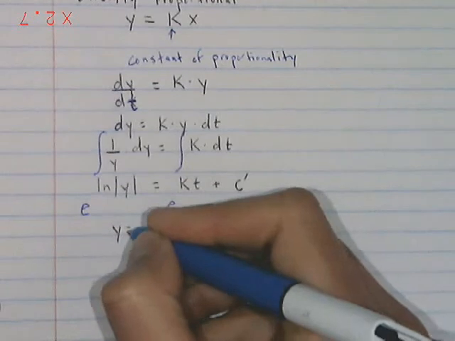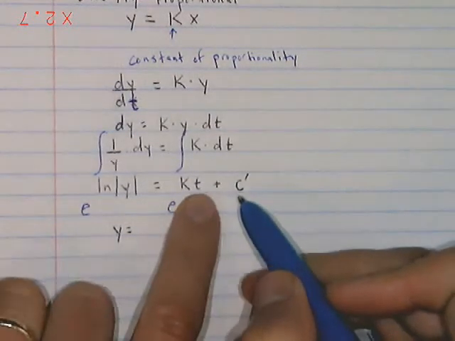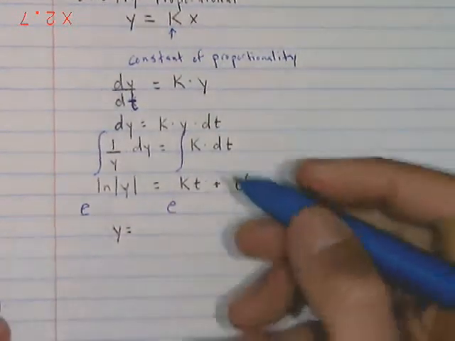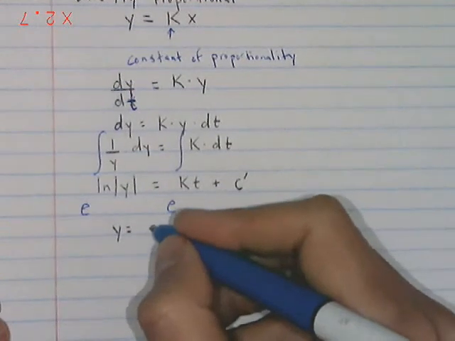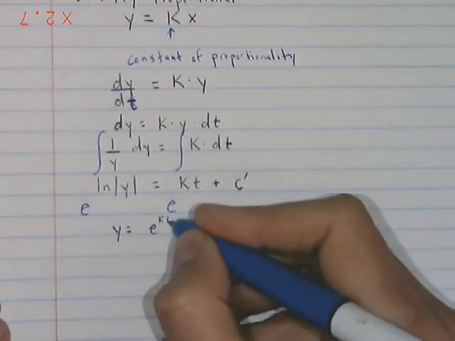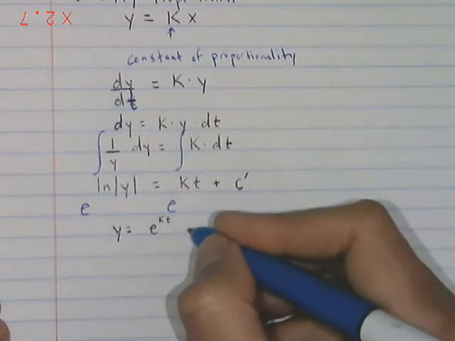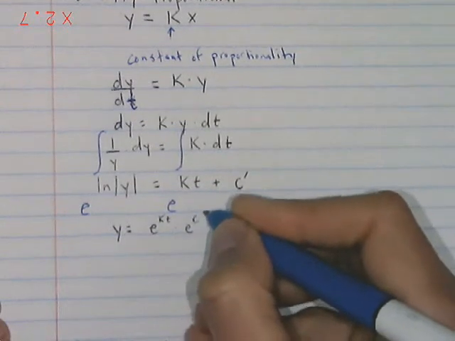On the right side, we can now, if we so choose, write this as a product, namely e to the kt times e to the c prime.